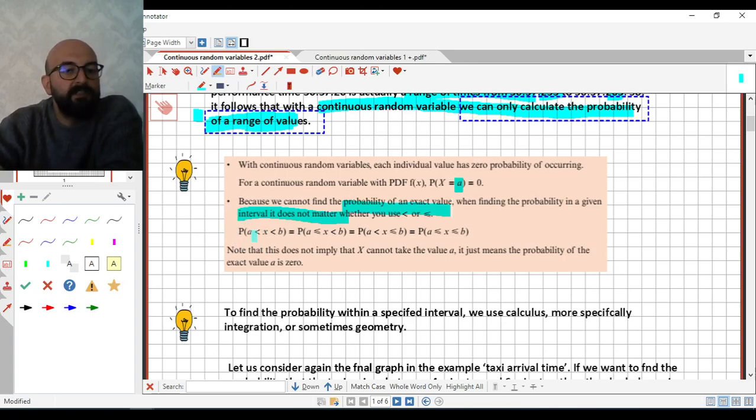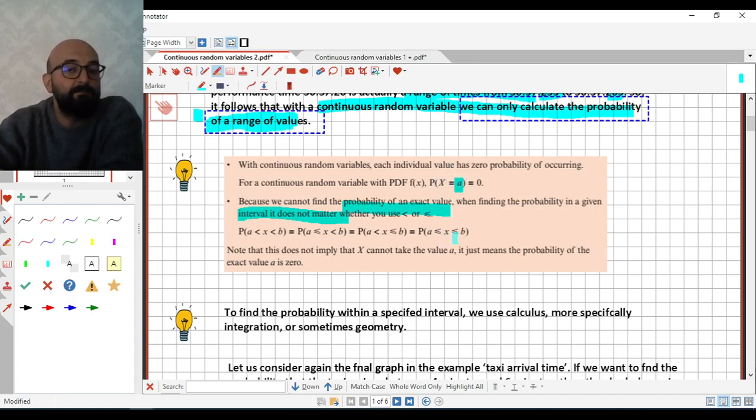X greater than A less than B, or X greater than or equal to A less than B, or X greater than A less than or equal to B. It's also the same, because the probability of exactly A, for example, or B, is zero.